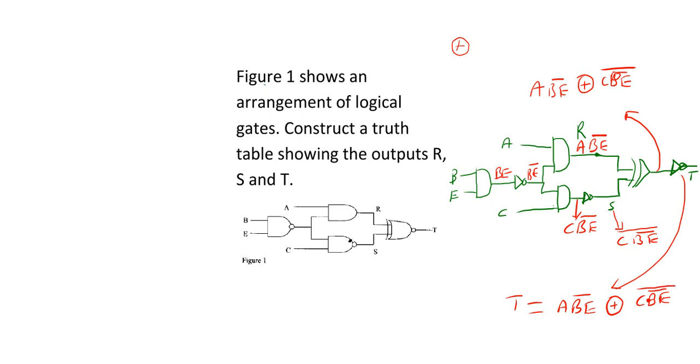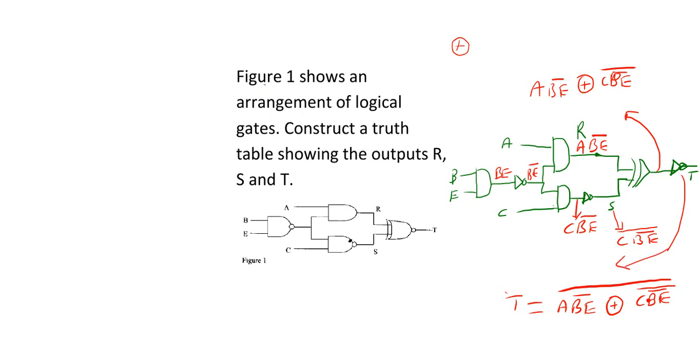Then all of this expression we negate because it is passing through a NOT gate. This point we negate it to get that expression. So this is the expression for T.